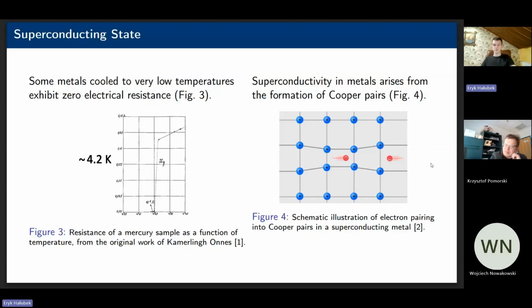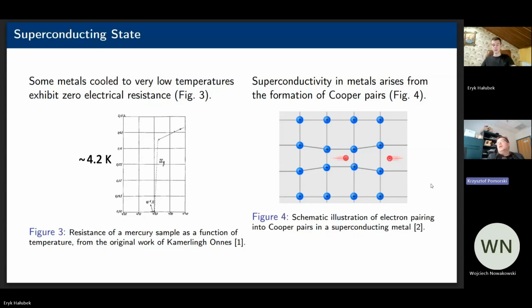And the mechanism of superconductivity, as explained by this theory, was that electrons can pair into what's called a Cooper pair, and they move through the crystal lattice in such pairs without dissipating energy, without losing that energy by interactions with the lattice.